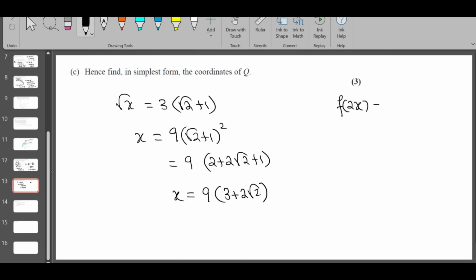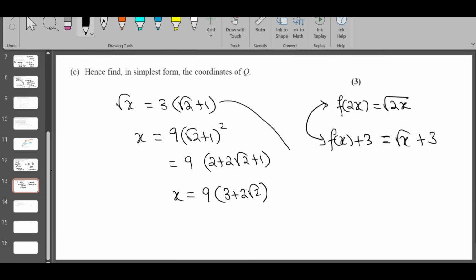f of 2x is equal to square root of 2x, or f of x plus 3 is equal to square root of x plus 3, because we are talking about the y coordinate of the point of intersection of these two graphs. So I'm going to take this and sub in here. I think that would be a lot easier, right?